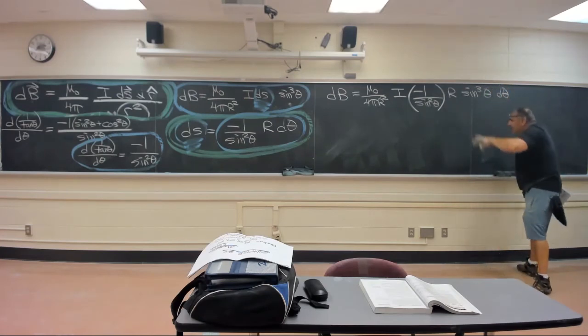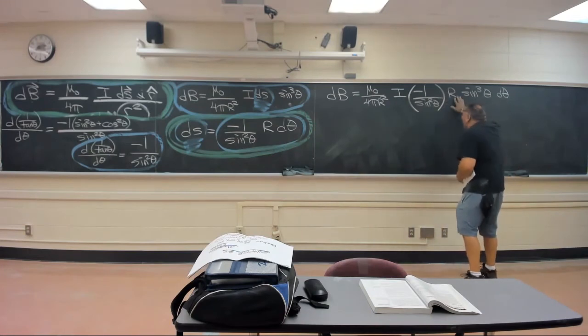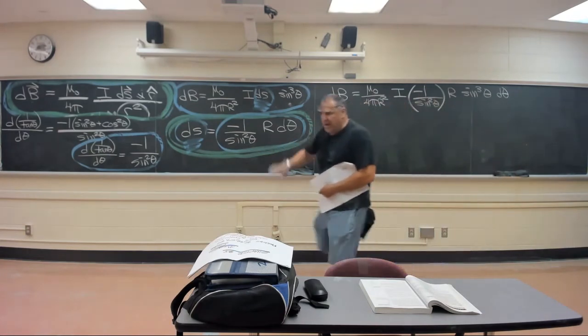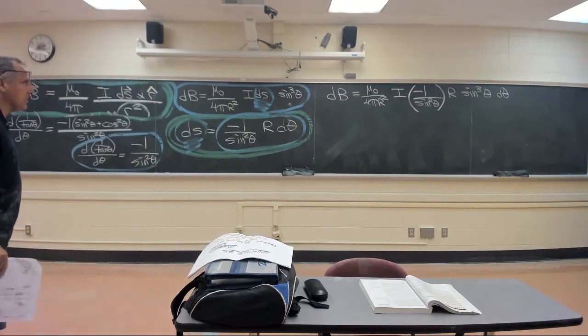I know the d theta's have the d theta right here to be consistent. Who cares? You're doing multiplication, guys. It's all going to stay where it needs to be.